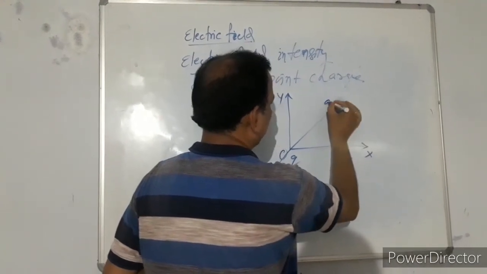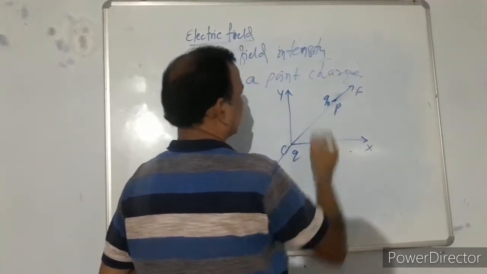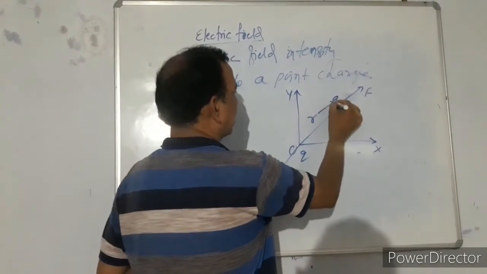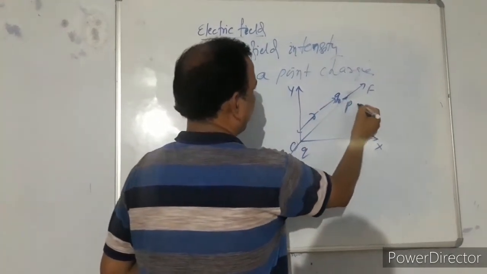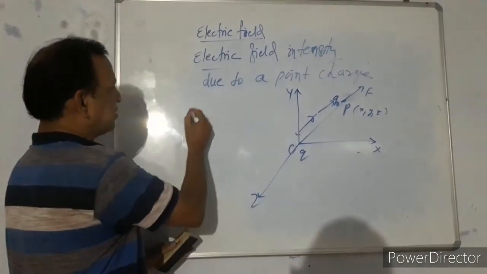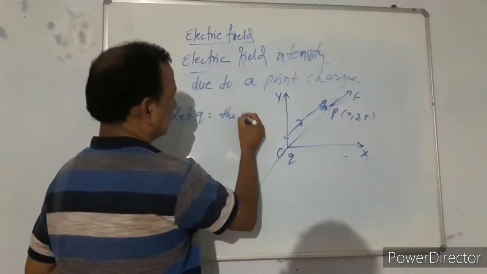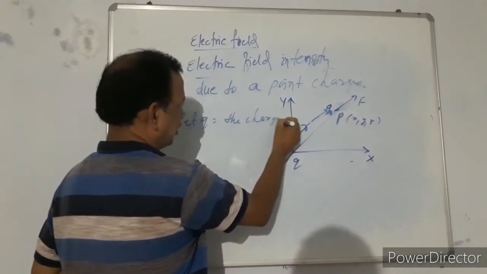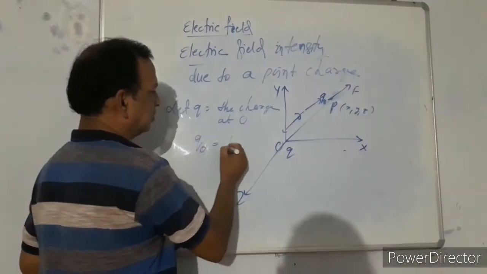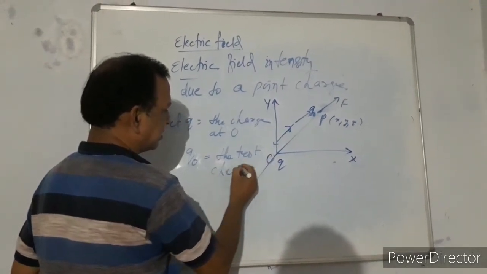At that point, a test charge Q0 is placed. The distance between the two charges is R. The coordinates of P are X, Y and Z.